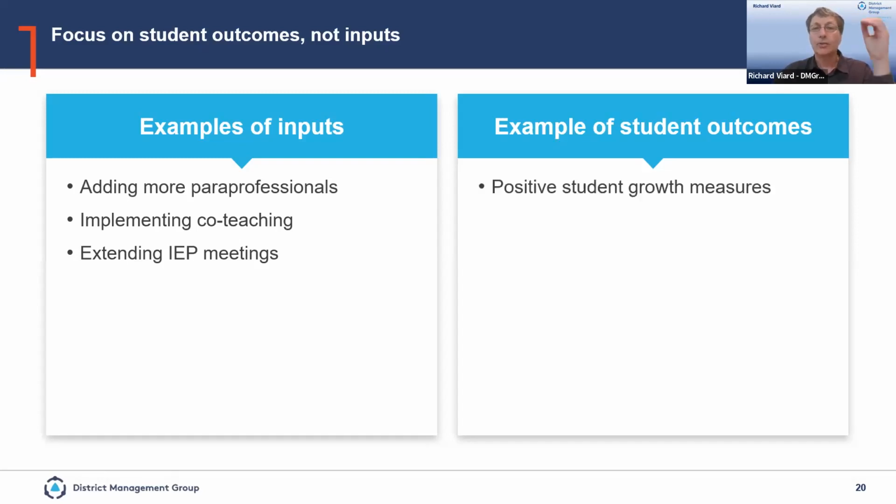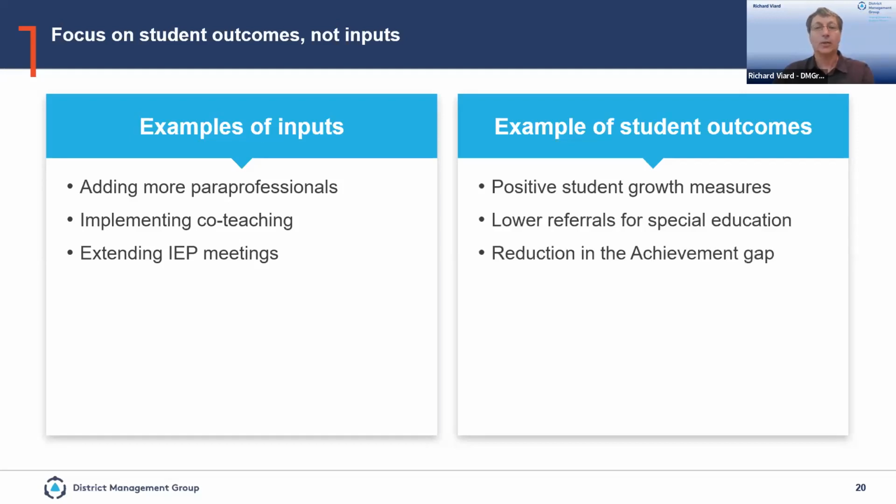So what we prefer is really starting with, we're looking to increase student growth measures. We're looking for a 10% increase. We're looking to lower referral rates in special education, or reduce the achievement gap by X%, or increase the number of students succeeding in special education every X months, etc. These are result-driven measures that you can then use to start thinking about activities you can put in place to achieve these results.